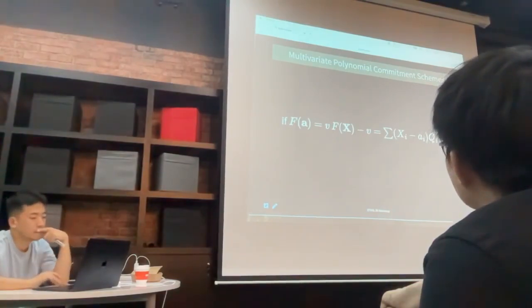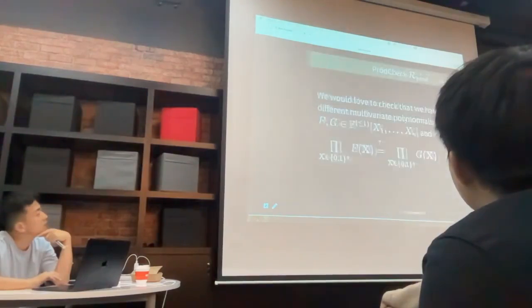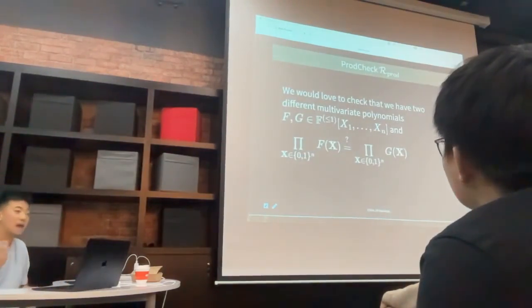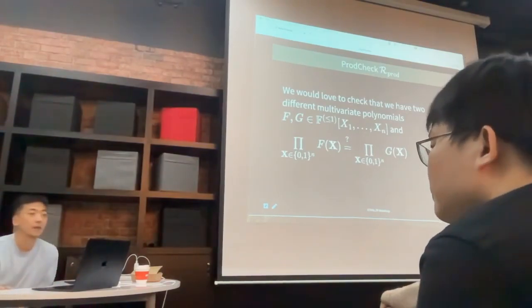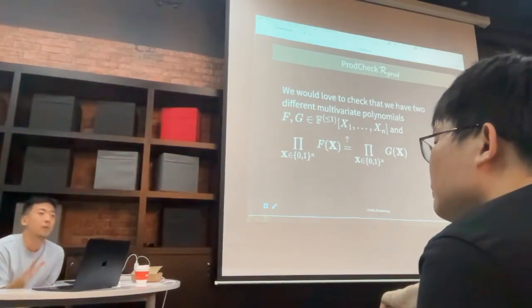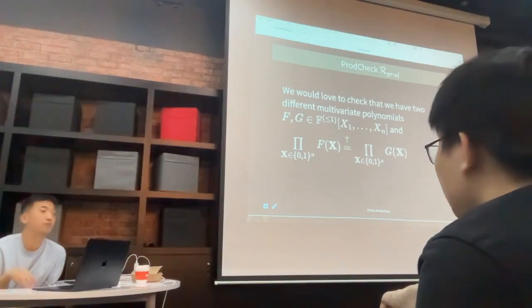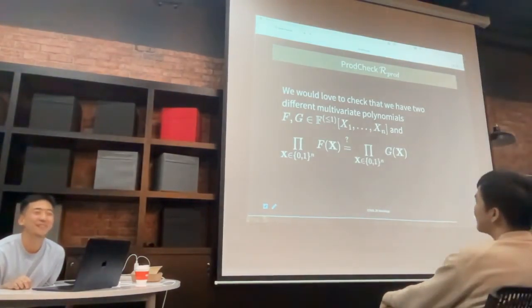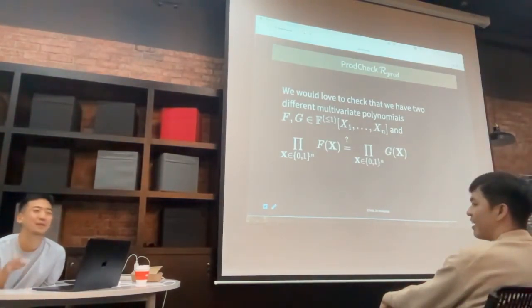And this is about the product check. We should be able to do the product check, to do the permutation check, to do the Plonk wiring. Right? So if we can do product check, it means that we can do permutation check.